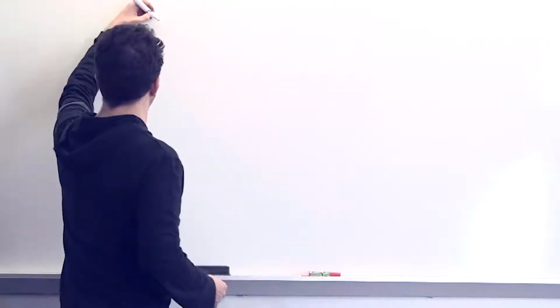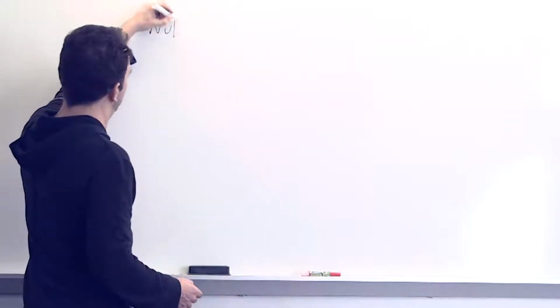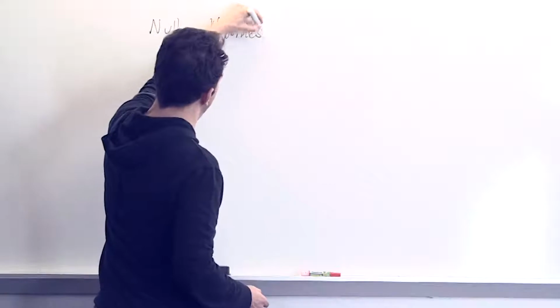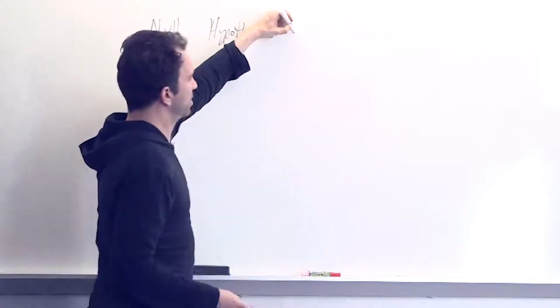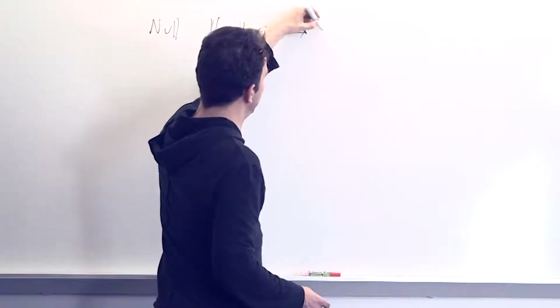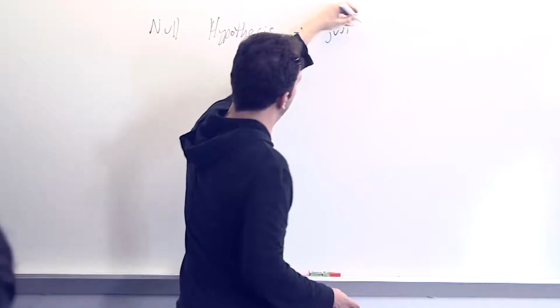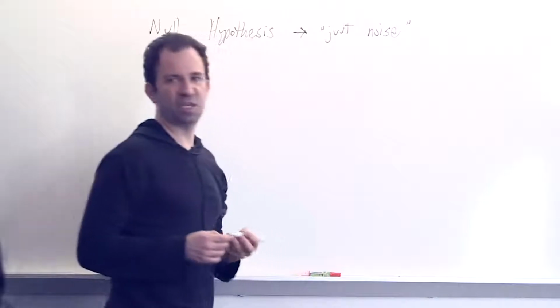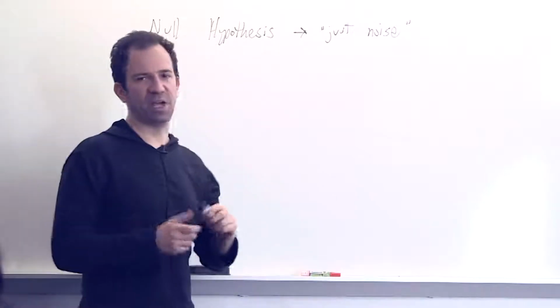So I'm introducing a couple ideas here, right? First is the null hypothesis. And what that means is you can think of this colloquially as: the data is just noise, okay?